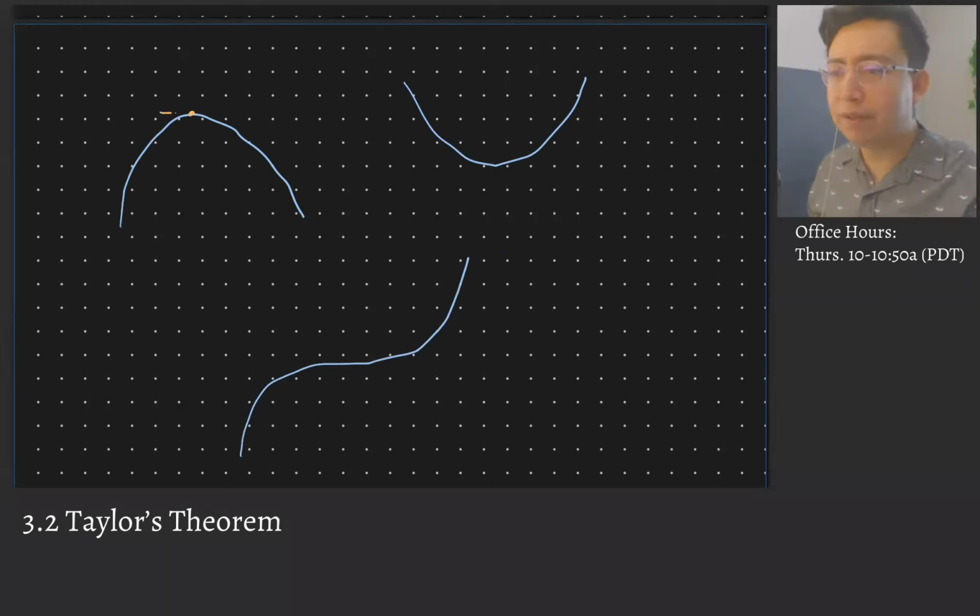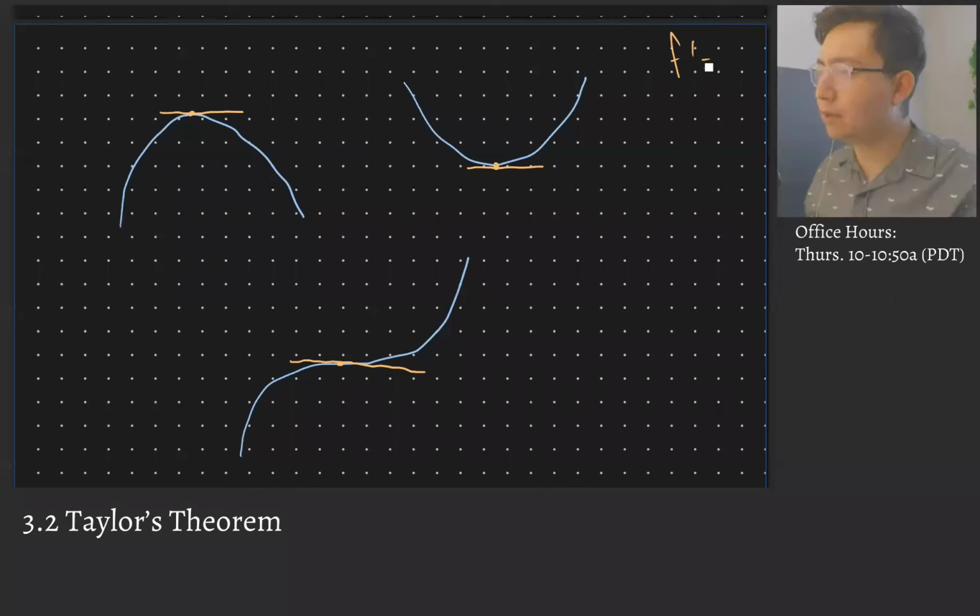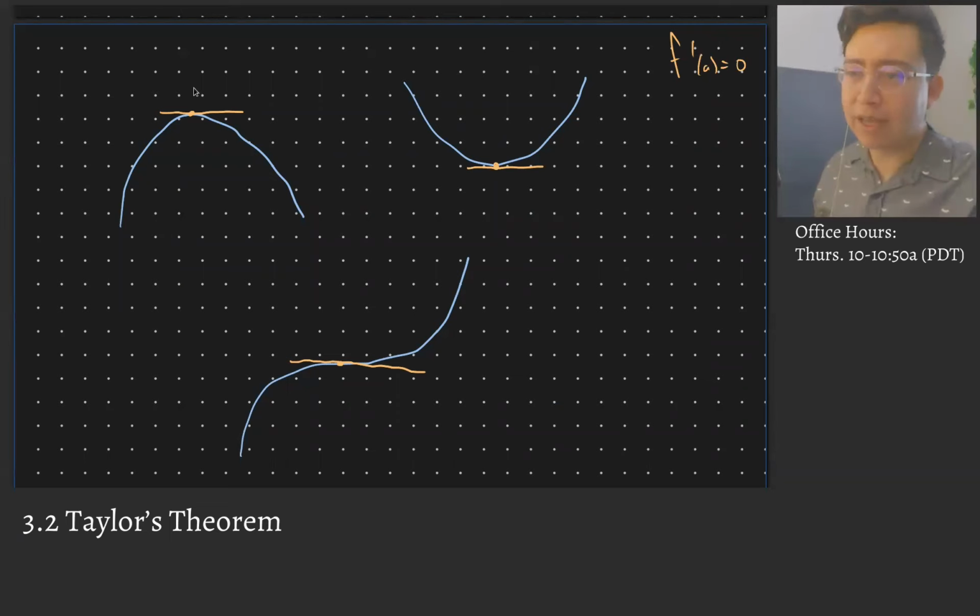Here we have the derivative equaling 0 because the tangent line is horizontal. So all three of these are examples of f prime of a equals 0. In this case, a is just this point here.